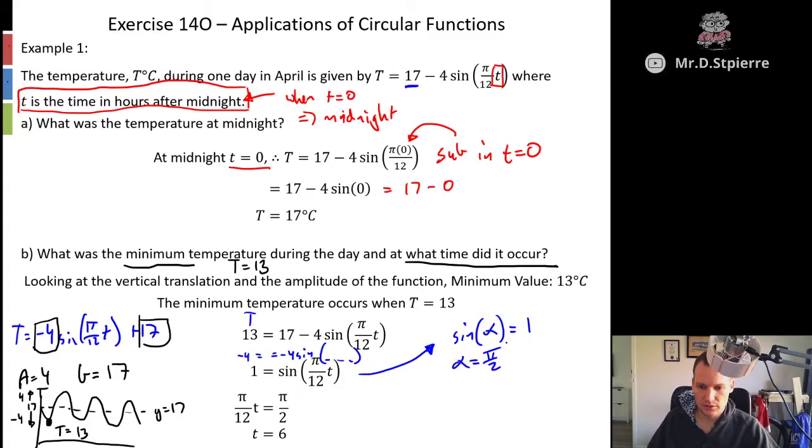The other way we could write this is inverse sine of 1 is equal to pi on 12t. So what angle gives me a vertical component of 1? That angle is pi on 2. So pi on 2 equals pi on 12t.